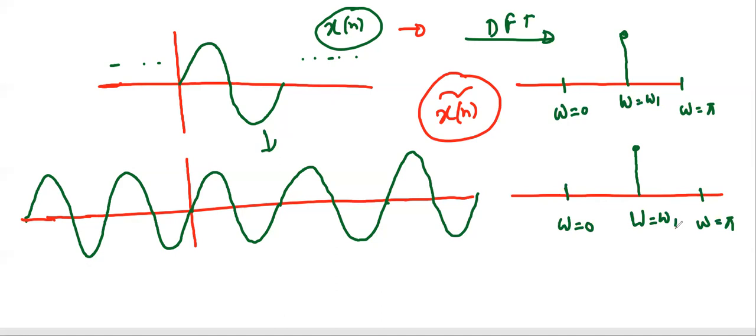Now, for the shifting operation in this kind of scenario, when we are shifting this sequence, let me draw it in black lines. So how it looks like, I'm shifting it to the right.